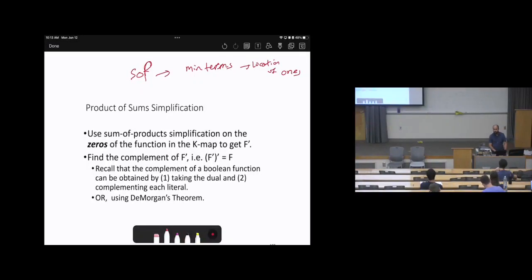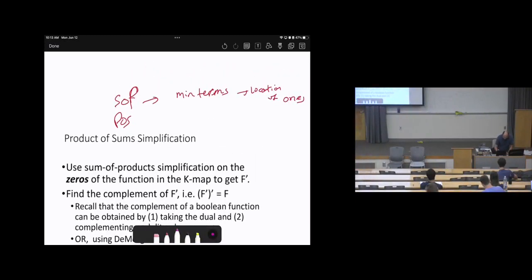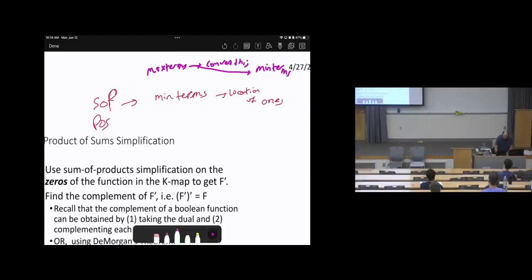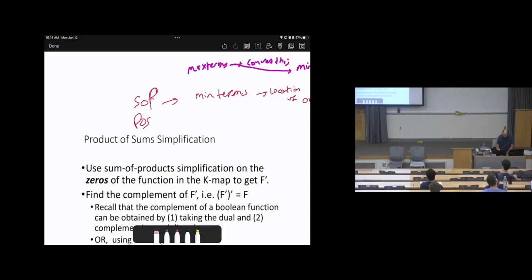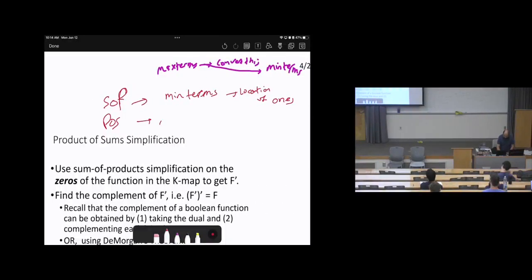Now there is another Karnaugh map simplification using product of sums. In the previous examples, if we had maxterms, we used to convert them to minterms. Now there is another simplification, which is to use a product of sums, where we will use maxterms. Maxterms will give you the location of zeros.